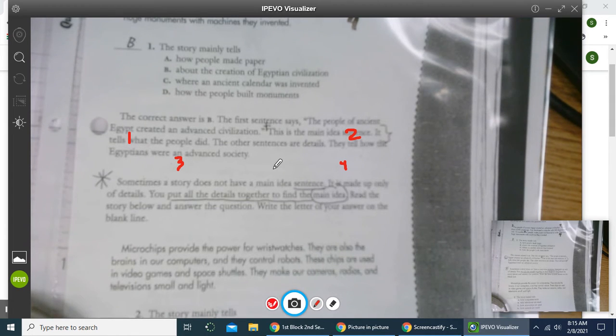But as you're reading through, the idea is that this entire paragraph is about the creation of the Egyptian civilization. Okay, it's about B.